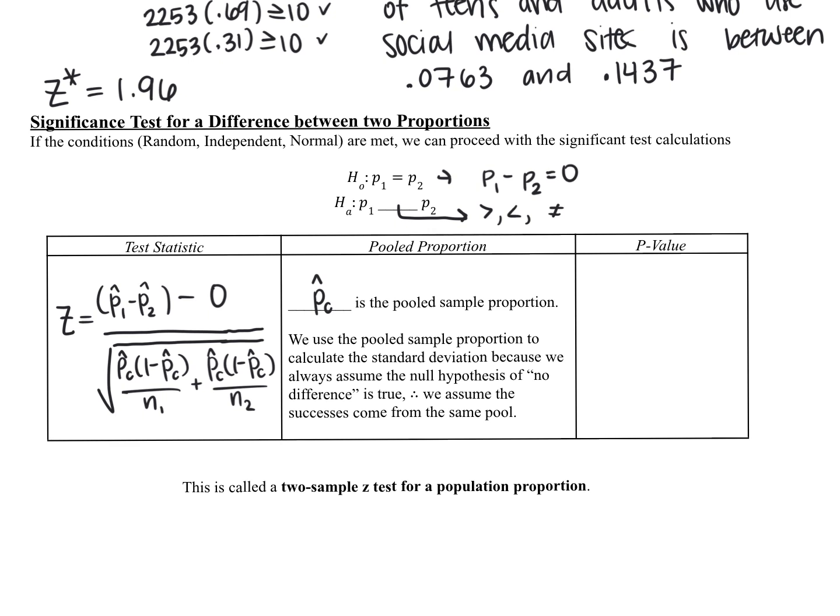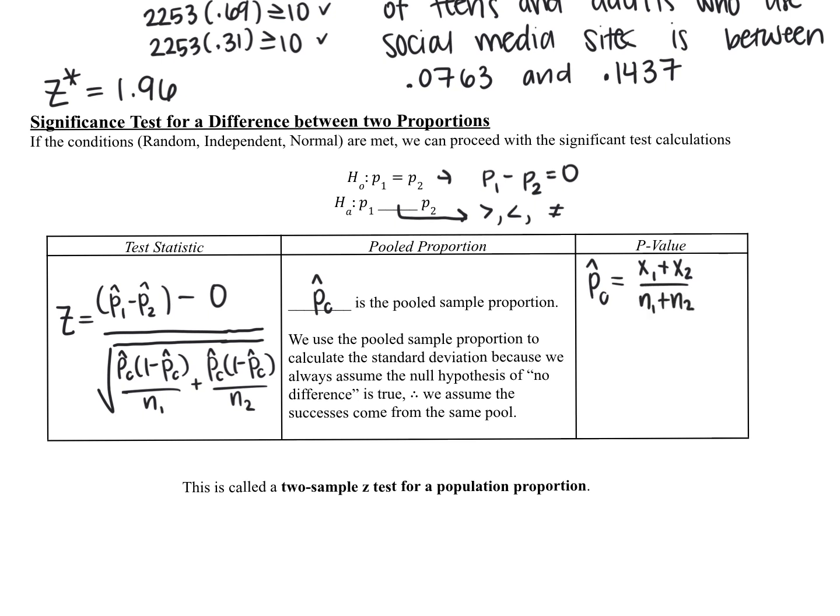We use this because we're assuming the null hypothesis of no difference is true. So all successes come from the same pool. The pooled proportion only takes into account the successes from your two distributions and finds a new proportion based on that. So the formula for PC hat is x1 plus x2 over n1 plus n2.